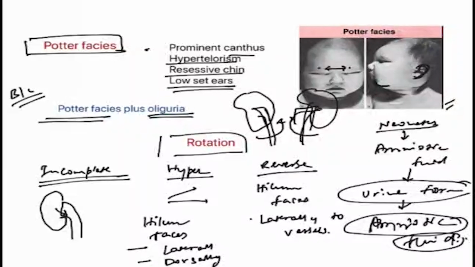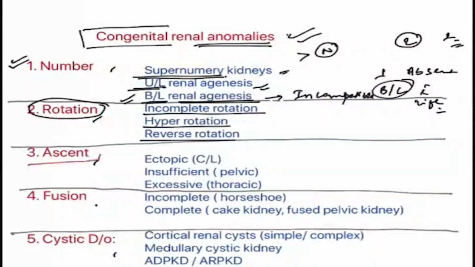So if there is incomplete rotation, then anterior hilum is present. If the hyperrotation is there, that means the hilum will be posterior or dorsal and more lateral. And if instead of medial rotation, there is lateral rotation, then the hilum is present laterally. So these are the rotation defects.